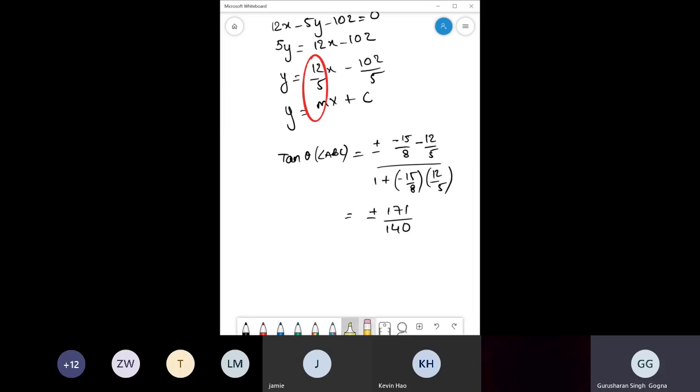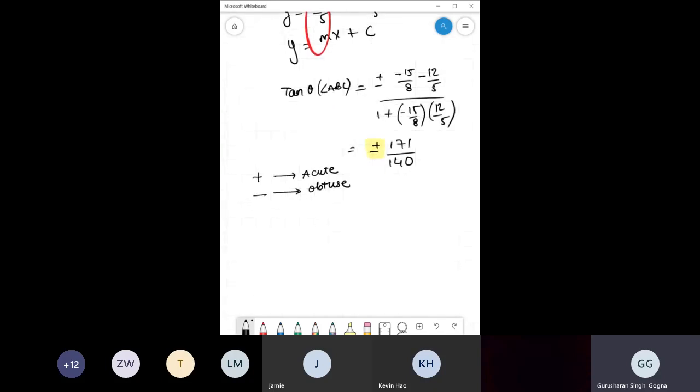Now, important thing here is what's the significance or use of these two signs here, plus and minus. So plus means you're talking about acute angle, and if you want obtuse angle between two lines, you need to use a negative sign. So when you talk about two lines, there are two possibilities.